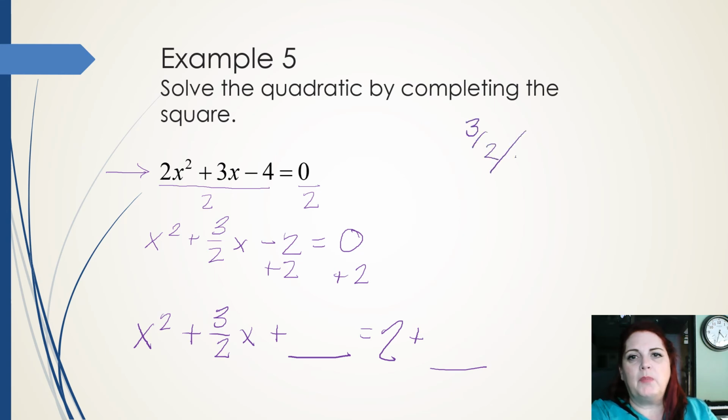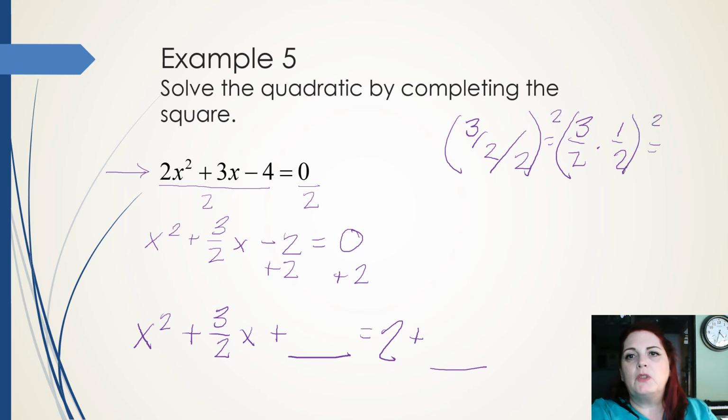We're going to divide that by 2, which is the same thing as taking 3/2 and multiplying it by 1/2. Getting ahead of myself here. There we go, 1/2. And remember, we're not just dividing by 2, we're also going to square it.